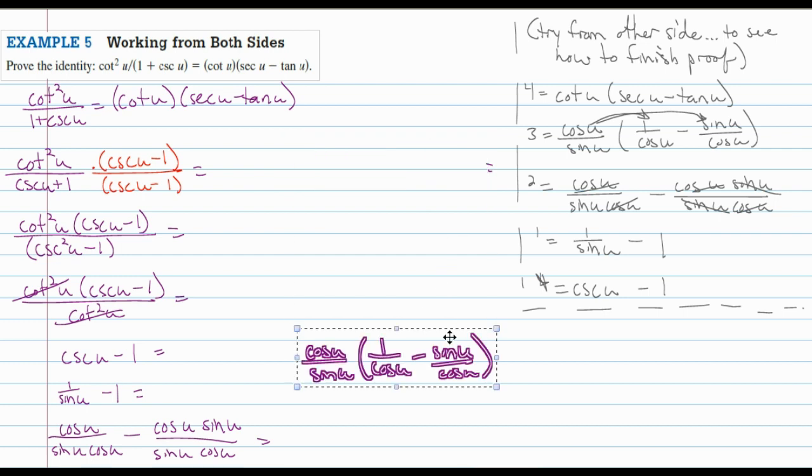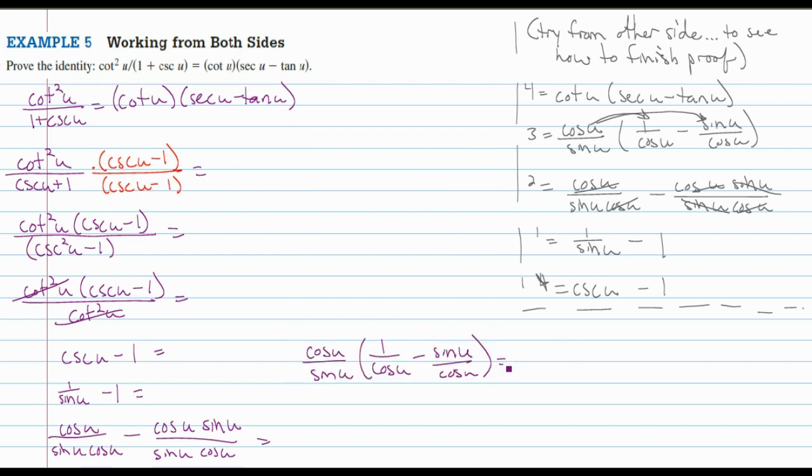I'll move that down here actually. And then my final step will be cosine of u over sine of u, which is cotangent of u times secant u minus tangent of u.